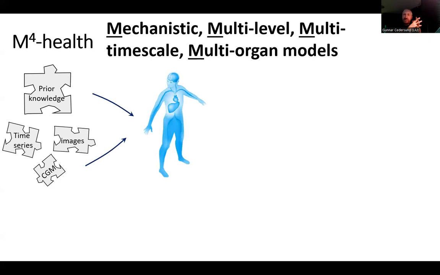And this digital twin describes what happens in the different organs in the body, and we build it up in a modular way where we combine these different sub-models as modules into an interconnected model for the body as a whole.